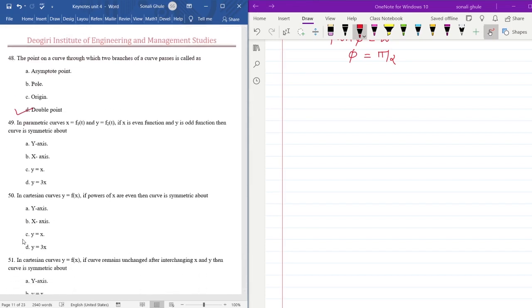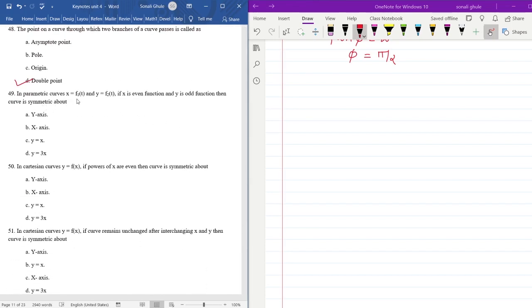Then in a parametric curve, if x is even and y is odd, then the symmetry is about the x-axis.